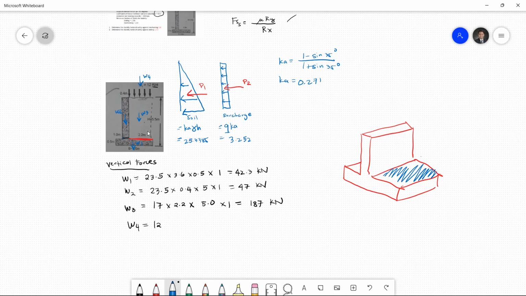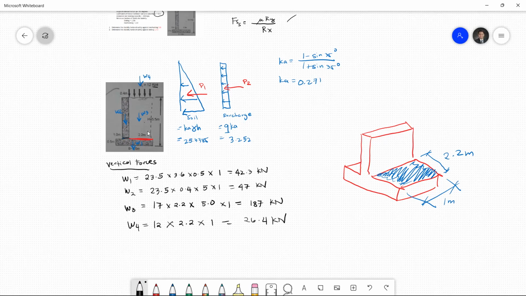So meaning this is 2.2 meters and this is considering 1 meter strip. Okay, so this will be the contact area of the surcharge load. So therefore, this W4 is equals to 12 times 2.2 by 1 meters. Okay, so therefore that is 26.4 kilonewton.